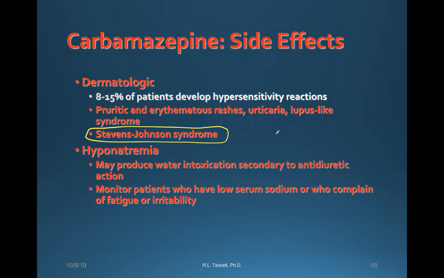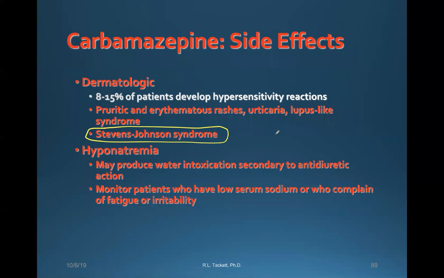Many of the cases I've worked on as an expert have had skin involvement well over 30%, many times up to 90%, and these are equivalent to third-degree burns. This can progress, but we do know that if you stop the drug, the prognosis is much better. So there is an important aspect there. Anticonvulsants are one of those drug classes that typically has these types of reactions.